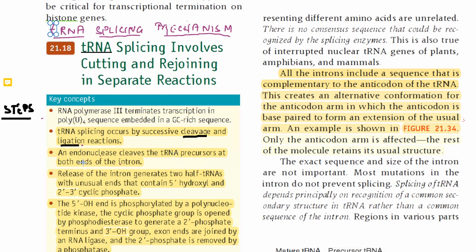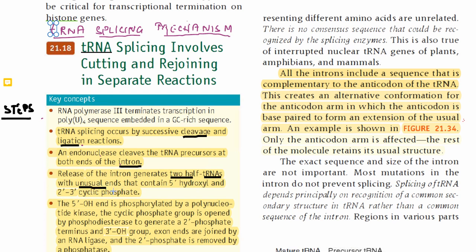Now there is an endonuclease which will make a cut in the tRNA and release the intron. As a result of the removal of the intron, what is generated? Two half tRNAs with unusual ends.